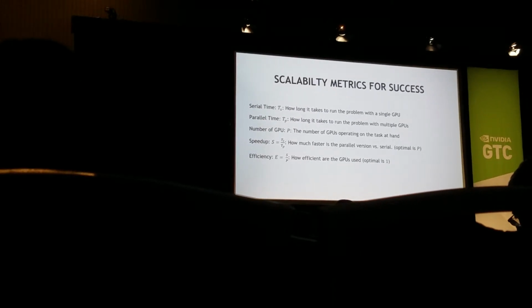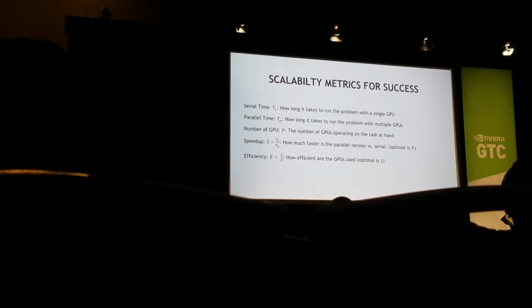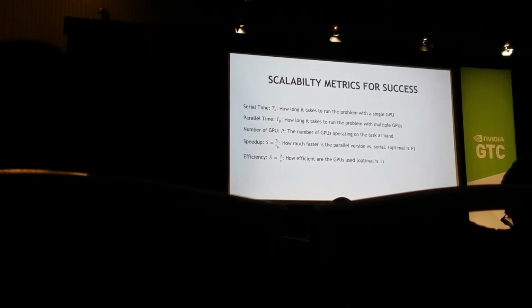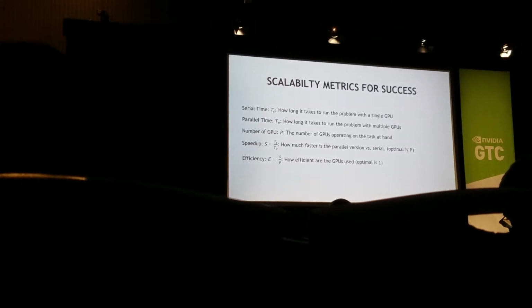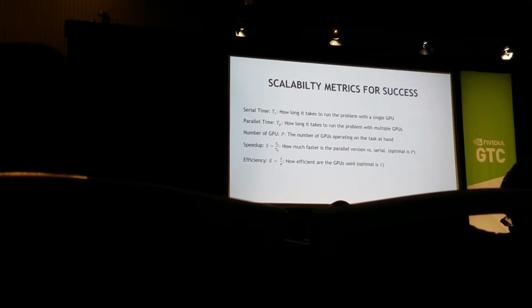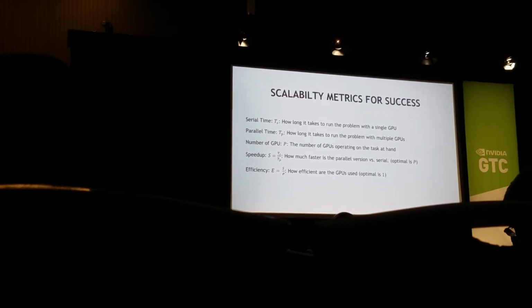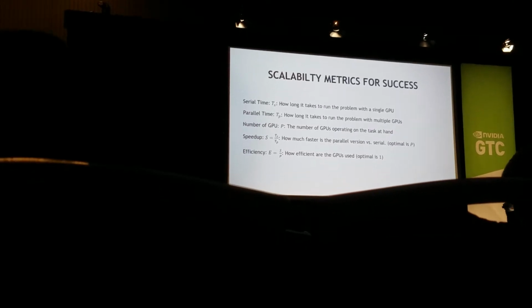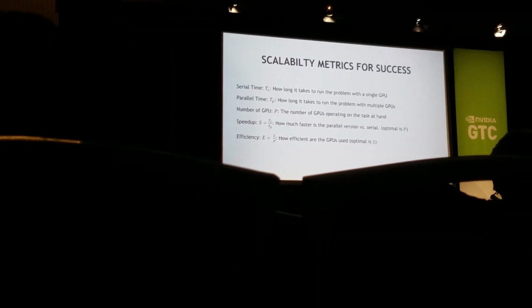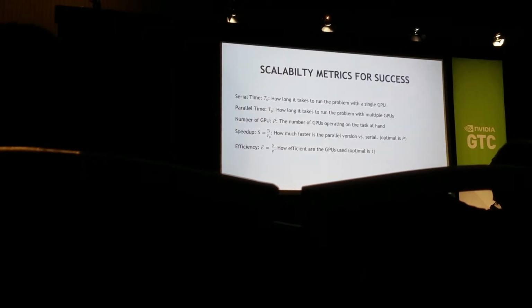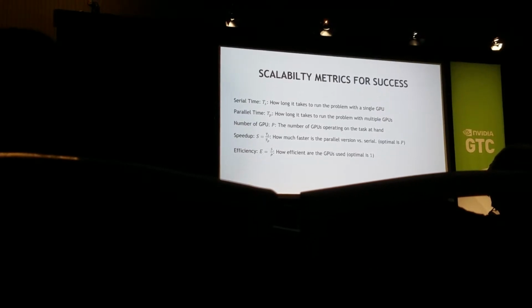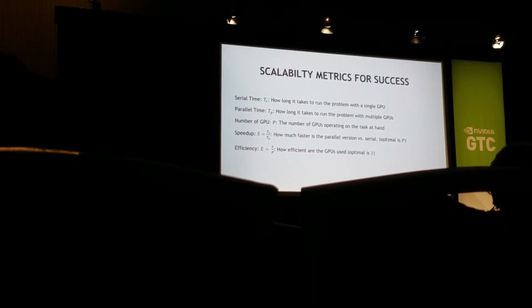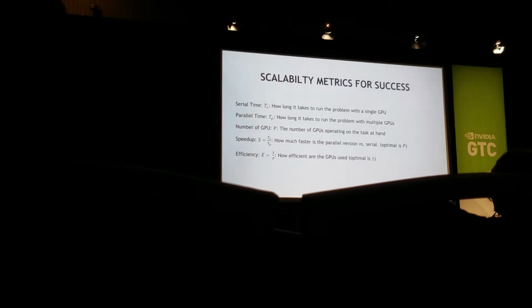And from that we can calculate the speedup by dividing the serial time by the parallel time, where optimal speedup is obviously P. So with P GPUs we can expect to run P times faster. And we also derive the efficiency by dividing the actual speedup by the optimal one, and there the best efficiency is obviously 100%.